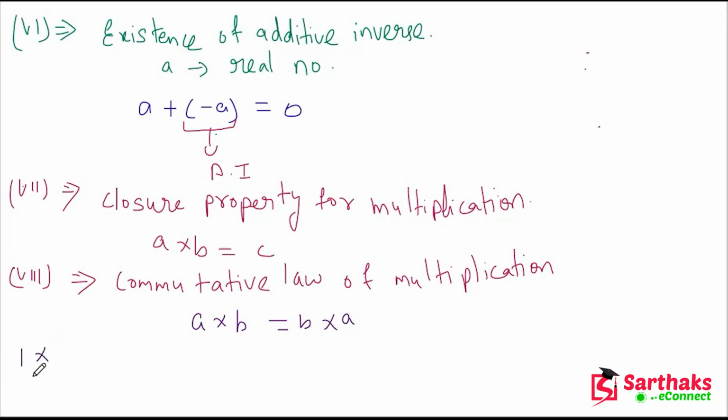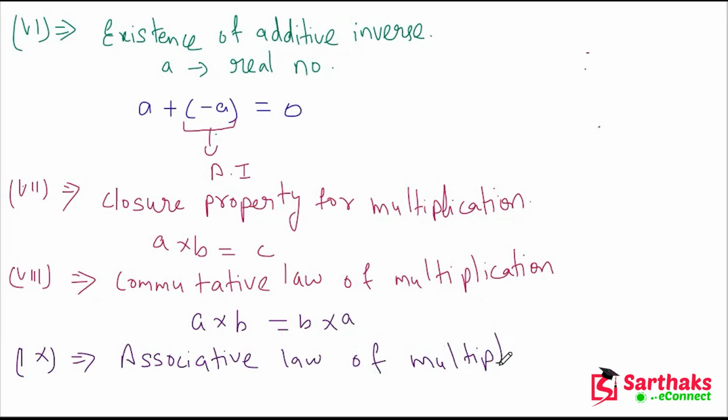Our next property, the ninth property, is the associative law of multiplication.